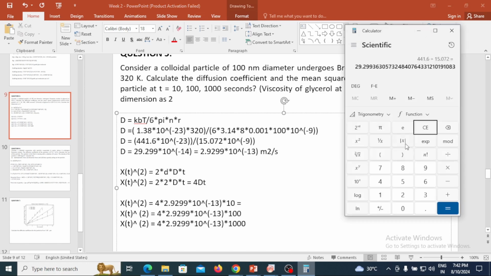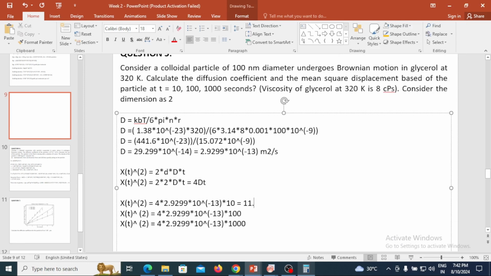So 4 times 2.9229 times 10, okay, 4 times 11.696 times 10 to the power minus 12, and you have to take the square root of this to calculate x of t, but here x of t square will be in meter square. If you want to calculate x of t, then you have to take the square root.